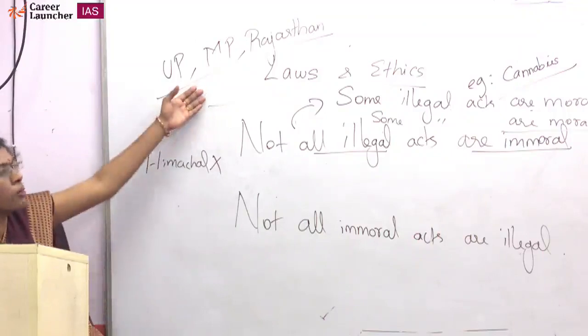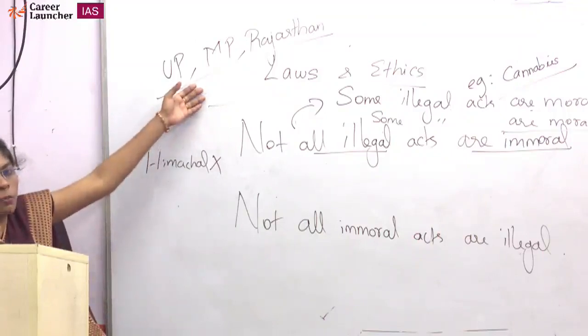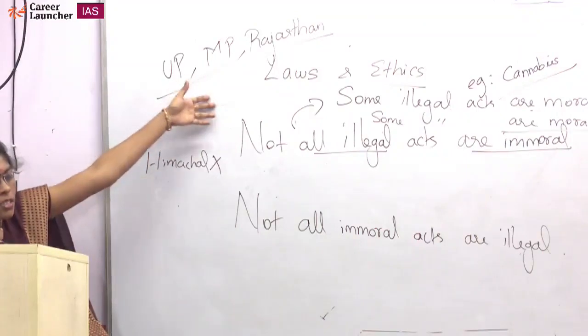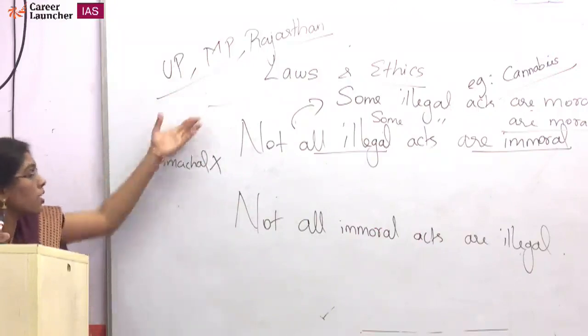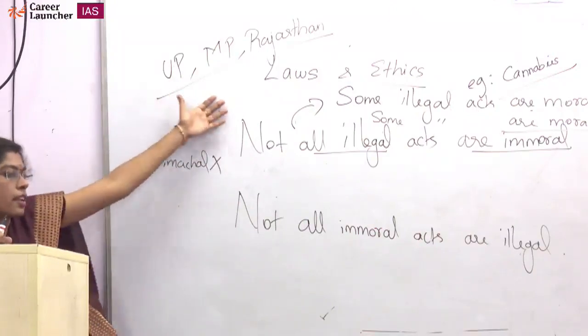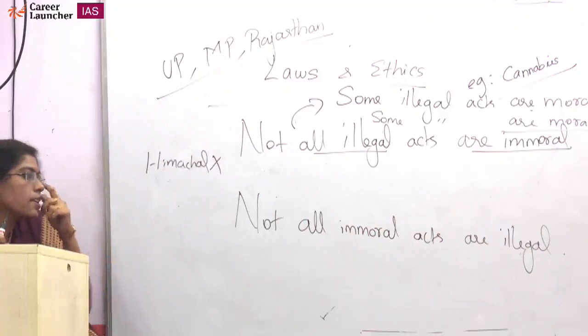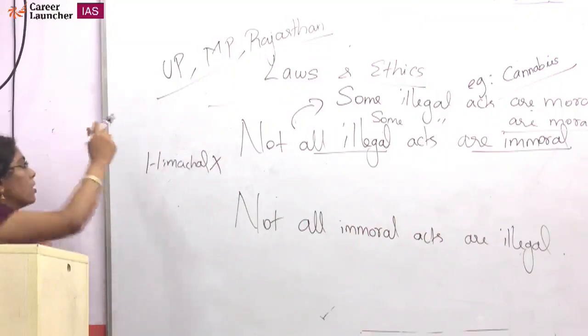Based on that, the government is purchasing the drugs from them in order to make medicines. Based on this act, a body is existing, and this body is going and purchasing the drugs which are grown in these areas. This is legal.